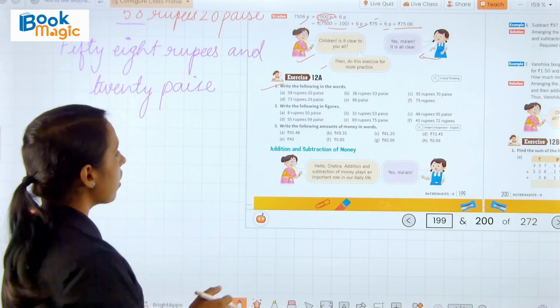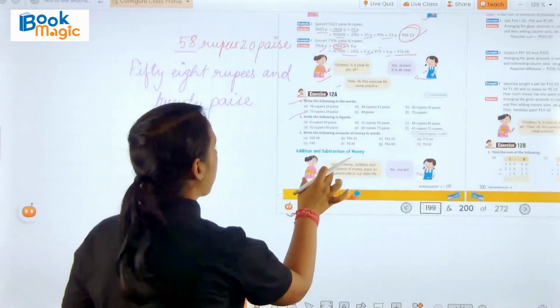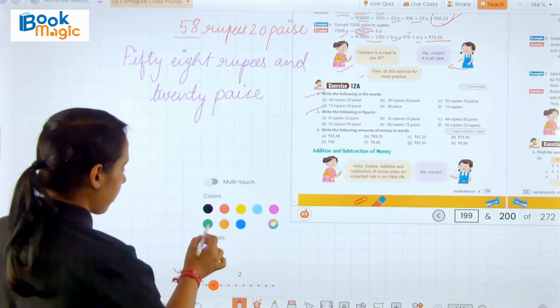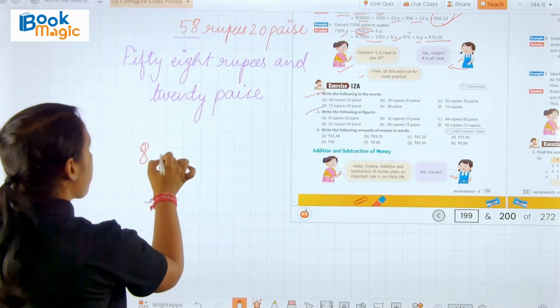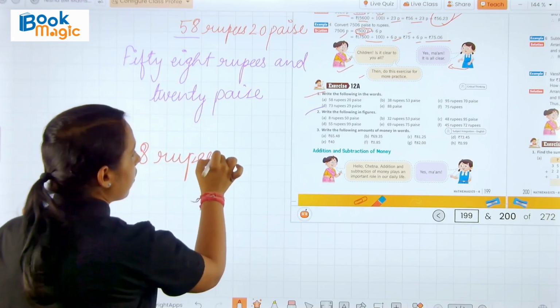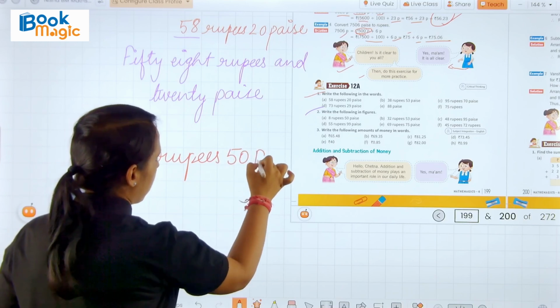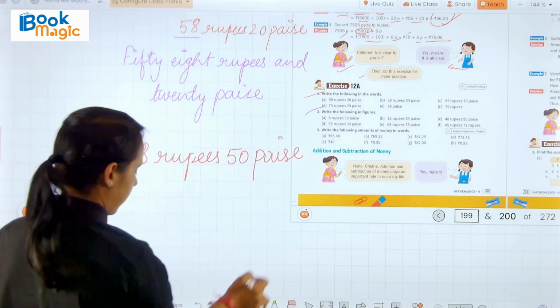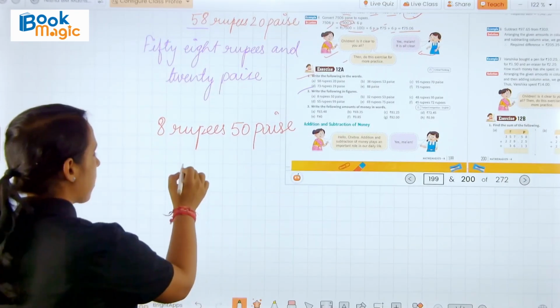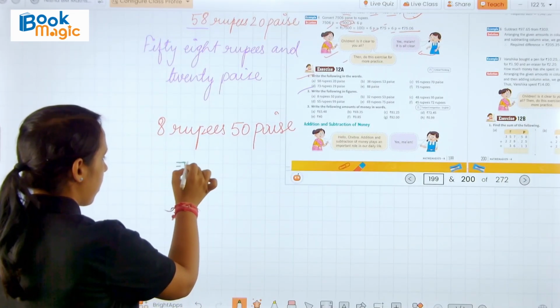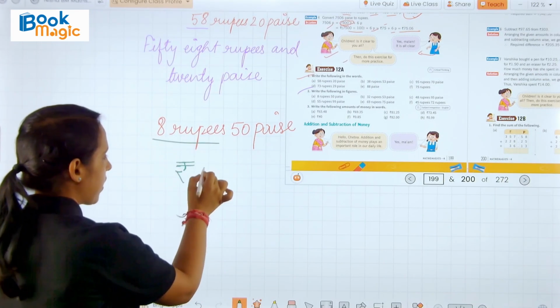अब हमें क्या करना है? Figures में लिखना है. We know how to write in figures. Here we have the question: first, 8 rupees 50 paise. So how do we write in figures? Let's see here. First we use the symbol of rupee. Then we write rupees here.